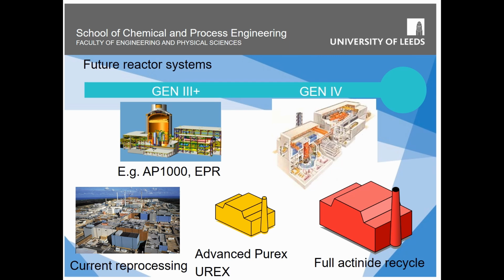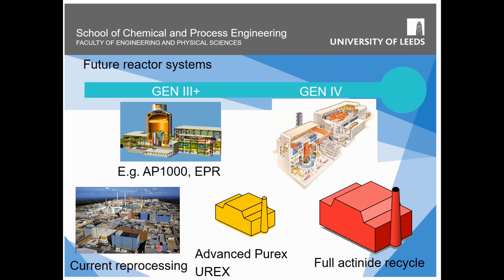As we look to the future, we think about different types of reactors that may be built. The AP1000 is an advanced pressurized water reactor that was developed by Westinghouse in the US, but the Koreans and the Chinese are building versions of those. And the EPR is an evolutionary pressurized water reactor, which is the type that's being built at Hinkley Point C. And we'll think about different facilities to go with that.